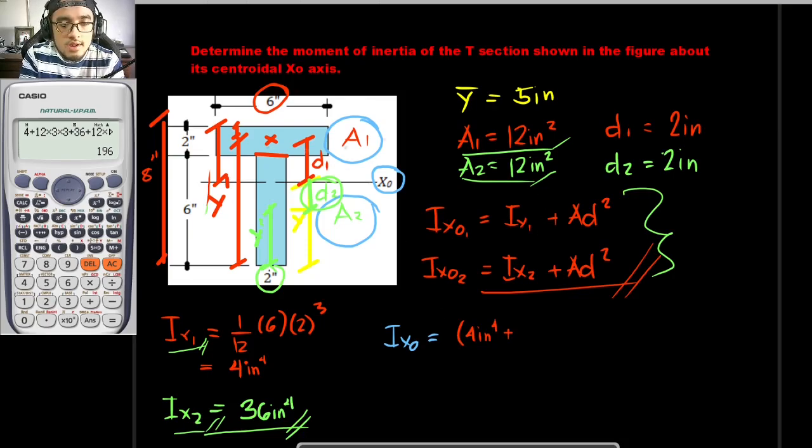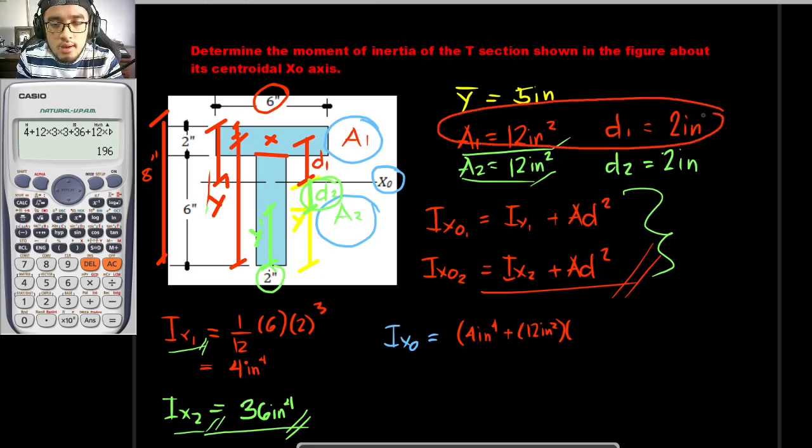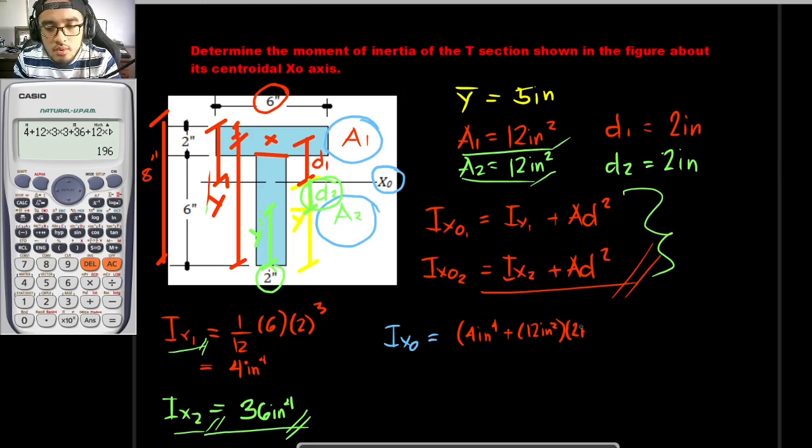And for the first area, that is to be 12 inches squared times our distance, 2 inches raised to 2. Okay, so that is for the first area.